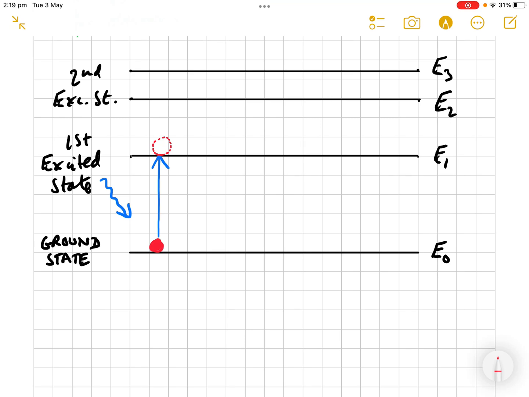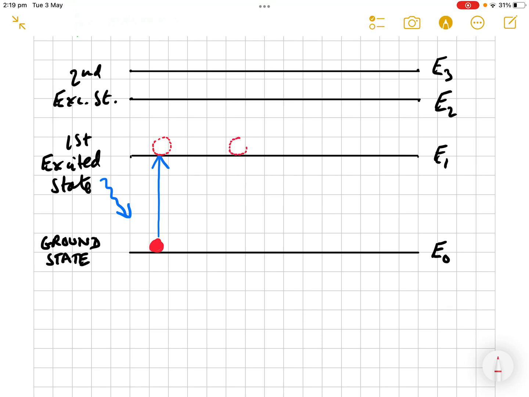It's got more energy up there than it has lower down. Generally speaking, when an electron is promoted, as this one is, it's often called an upwards transition.